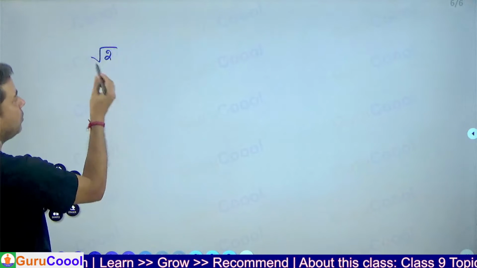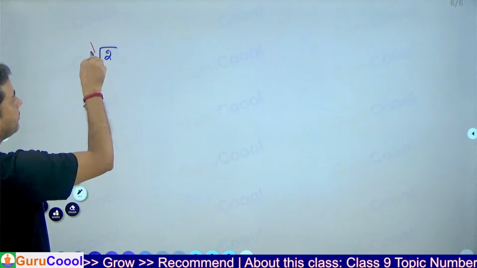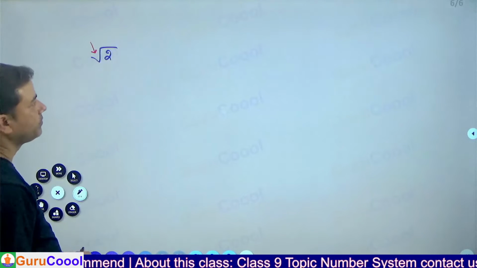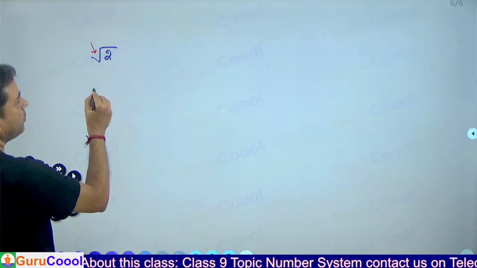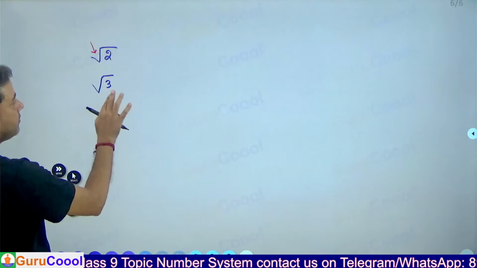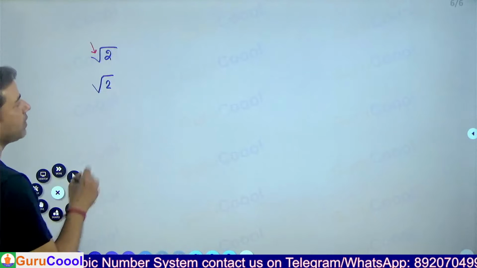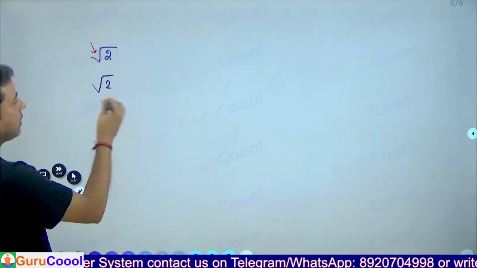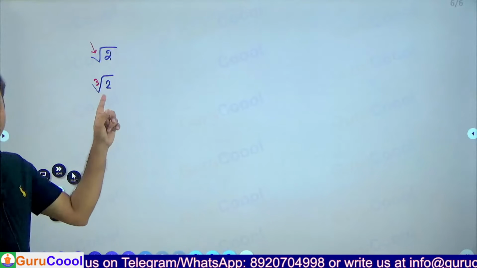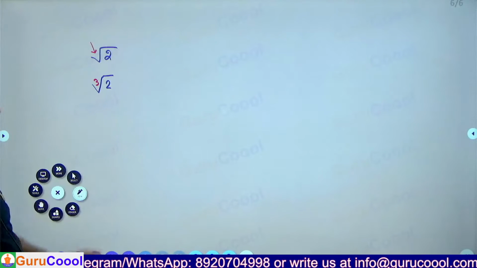Like square root 2, 2 is hidden here in the V shape. But if we have to write cube root, we can't keep 3 hidden. If we have to write cube root of 2, then we have to write 3 here. It's a must. We can't keep it hidden. Is that clear?